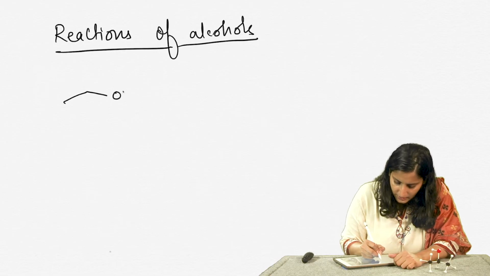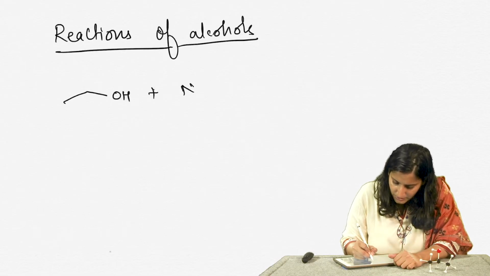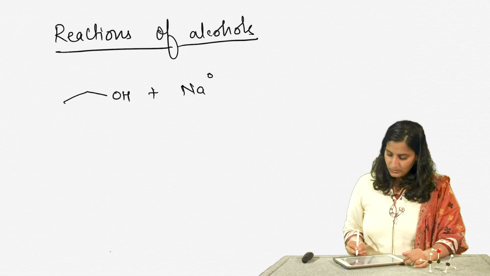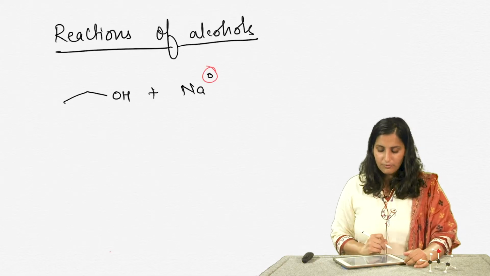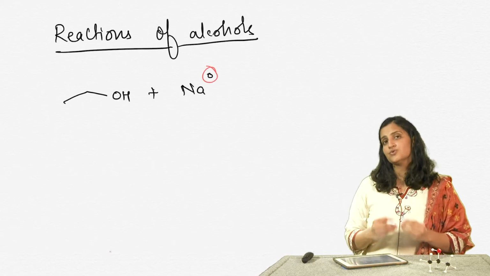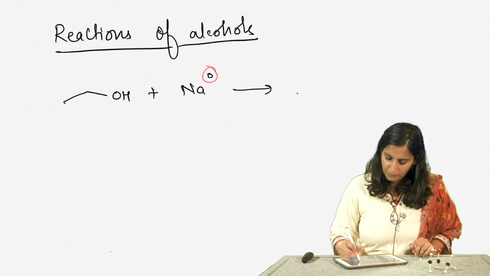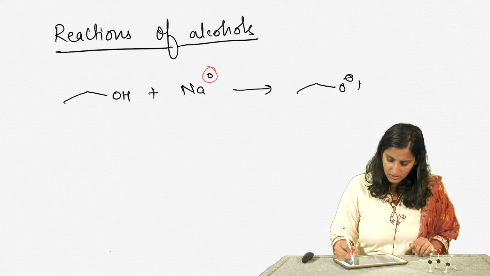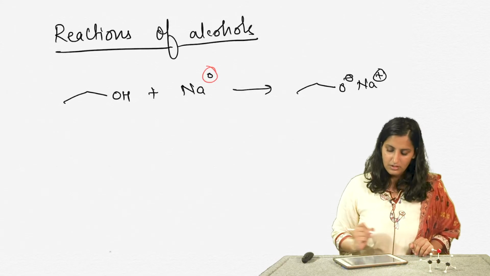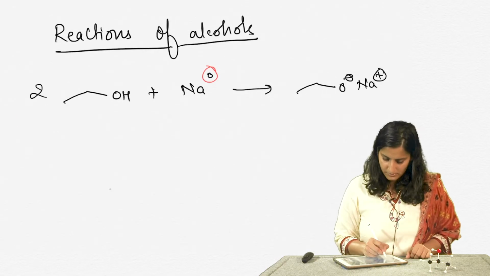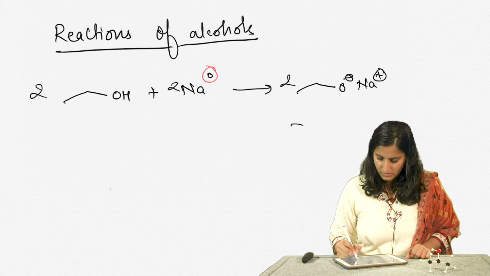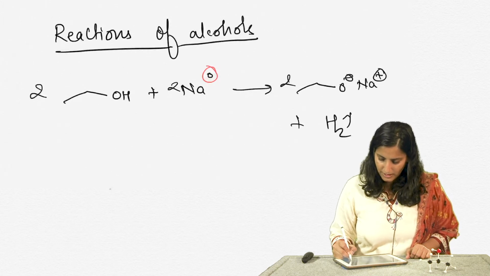Let us take ethanol and let us put sodium metal. Now, this 0 on top here, for example, is used to indicate the metallic state of sodium, and what we form here is sodium ethoxide and hydrogen gas.